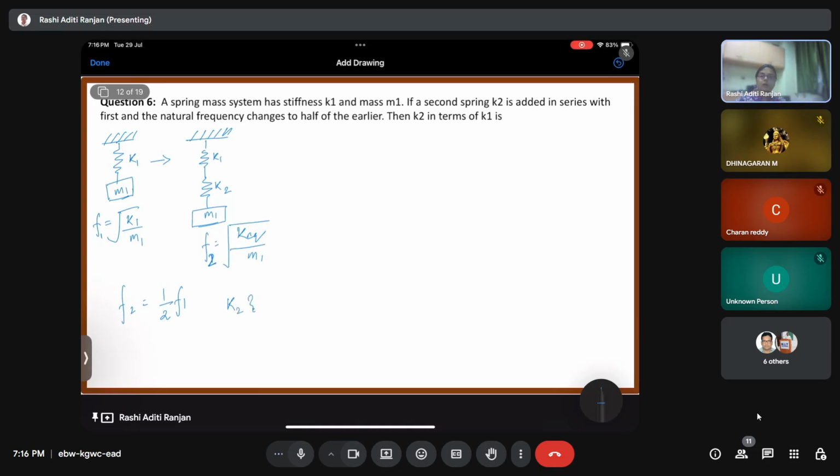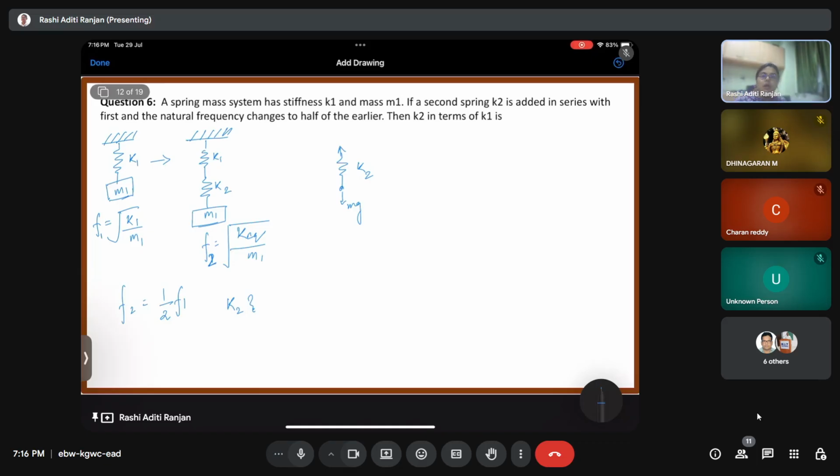Okay. So see, firstly, if two springs are in series, how do we deal with it? See, if I have this spring first, K2, here I have mg, and here I have K2 into whatever x is.